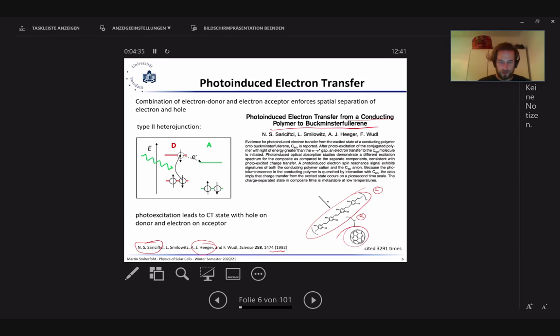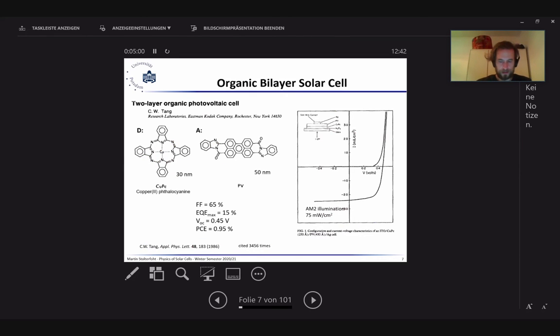This was only discovered in 1992 and published in Science. So they discovered the donor-acceptor mechanism with pi-conjugated materials. And this was then employed in solar cells.